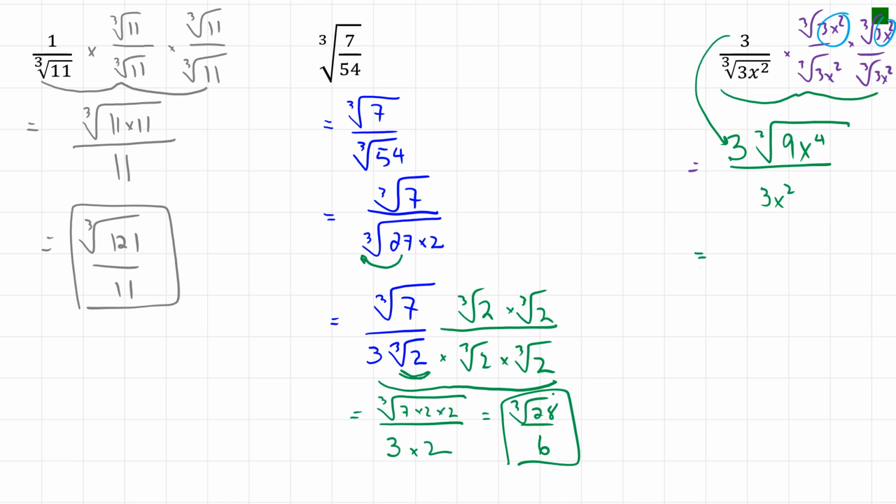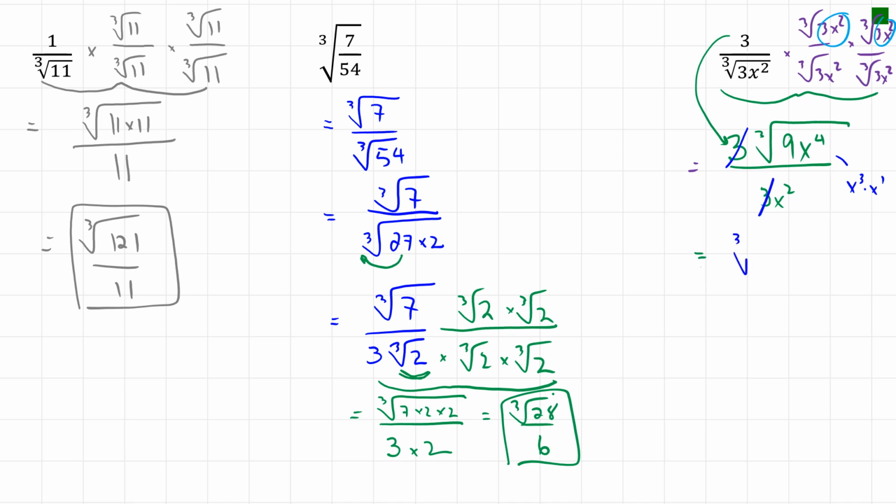So there's a bit of simplification left to do because x to the 4th is really x cubed times x to the 1. So there's a perfect cube hidden in there, plus the 3 cancels with the 3.